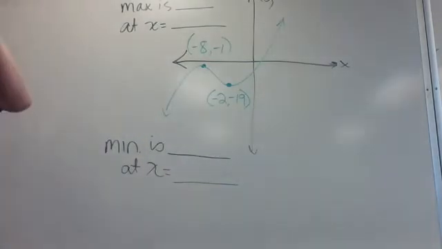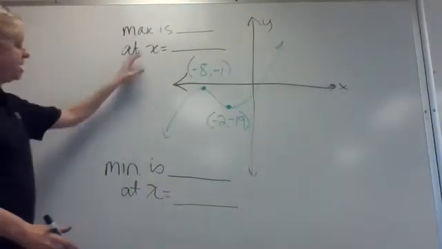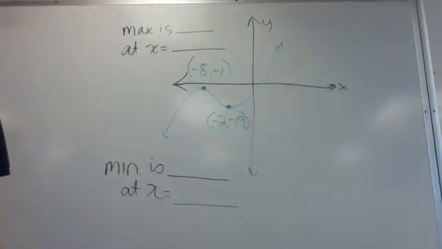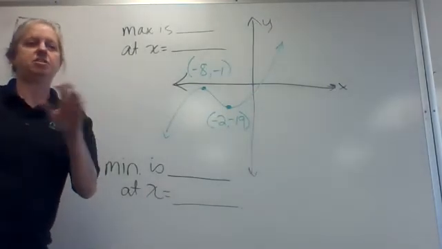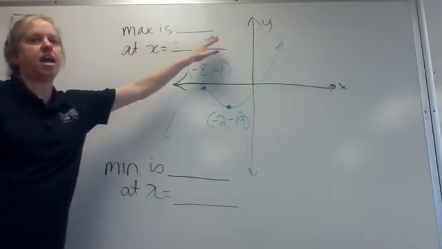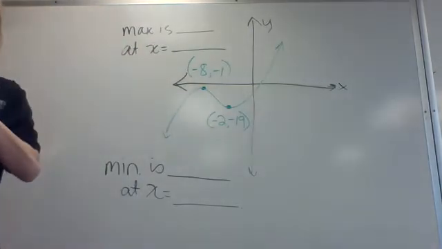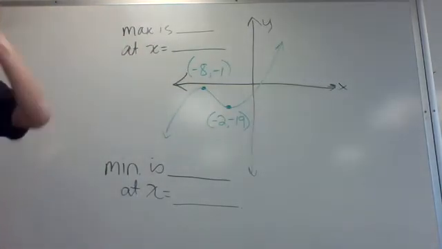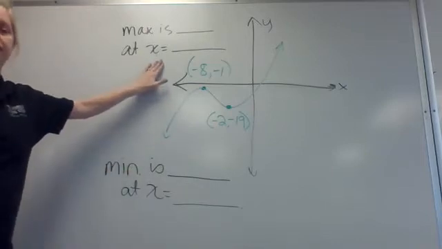Okay, so this one is going to ask me where the max or relative max and min are, but the difference between this one and the last one is that the last one said the maximum occurs at x equals blank and has a value of blank. So they're asking it backwards, but just remember the maximum value is always your y, and then it's going to actually tell you where to put the x, right?